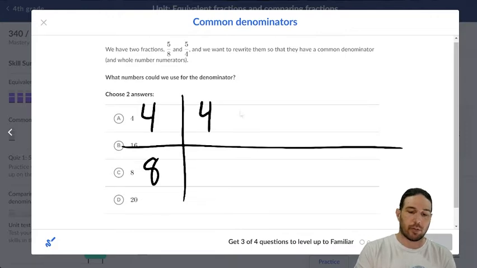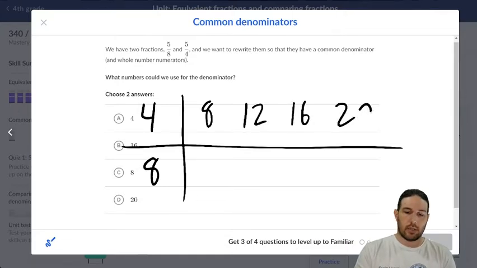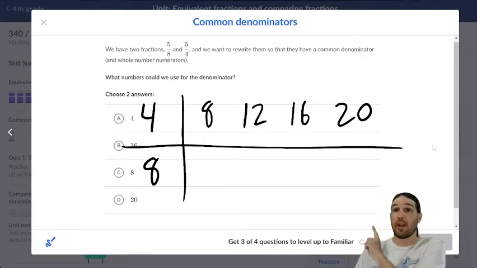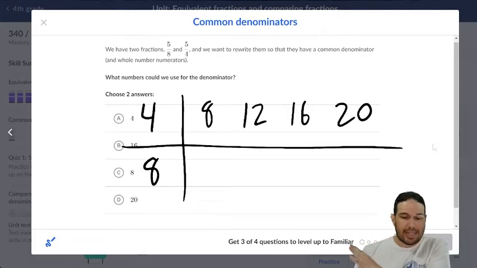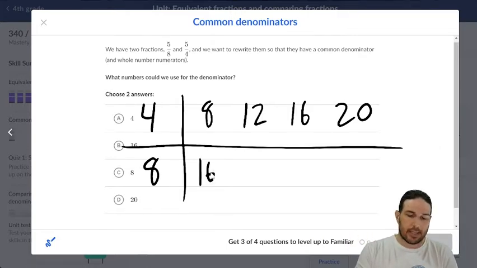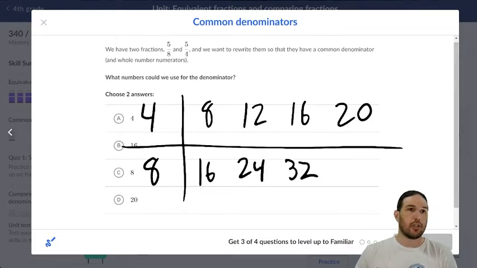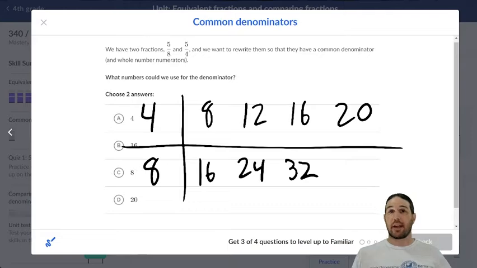So we already did this one. It was 4, 8, 12, 16, 20, and that's as high as any of the numbers that we've got here. 8, 16, 24, 32, and again, that's higher than anything there.